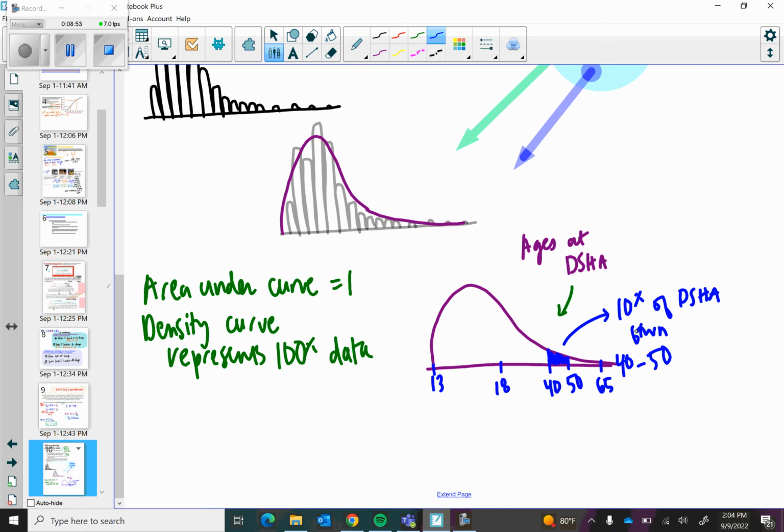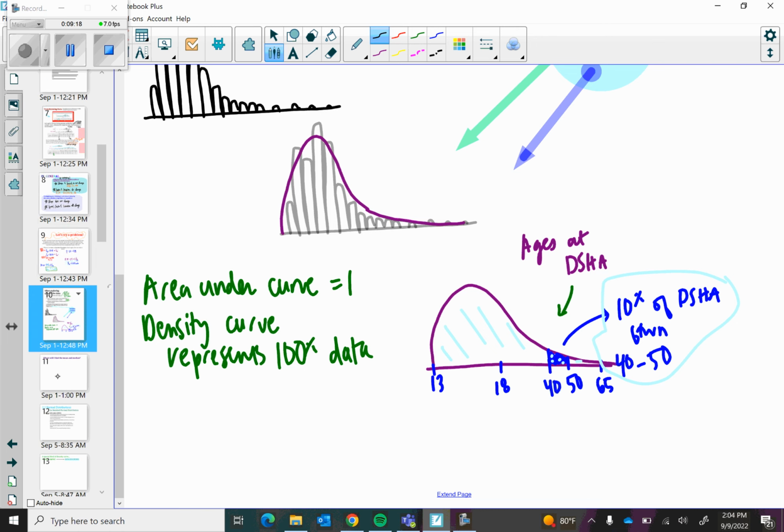I don't know. That's a fake statistic I just made up. But let's pretend it's true. If that is, that means this shaded area right here is 10%, which would mean everything else over here and over here must add up to 100, would be 90%.